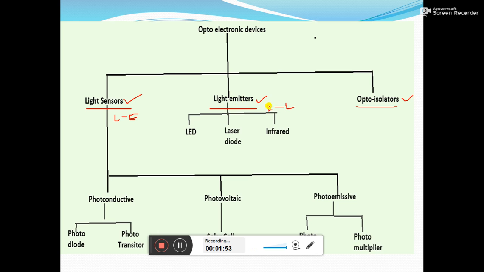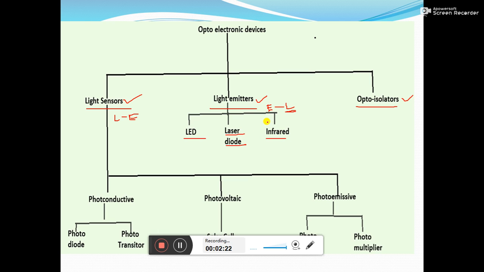The light emitters, as we know, convert electrical energy into an equivalent light energy. Sometimes the light energy given as output is visible and sometimes it is invisible. There are again three types: LED, the light emitting diode, or laser diode, which emits a sharp focused intense monochrome laser beam, or infrared.